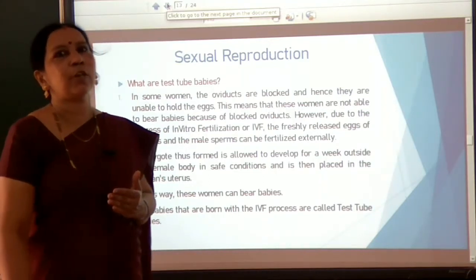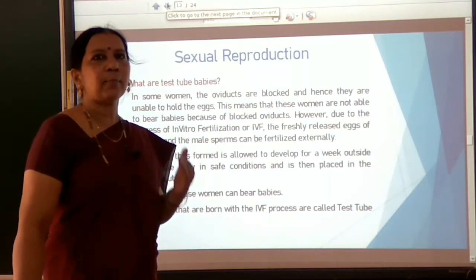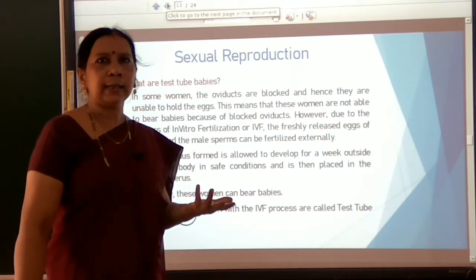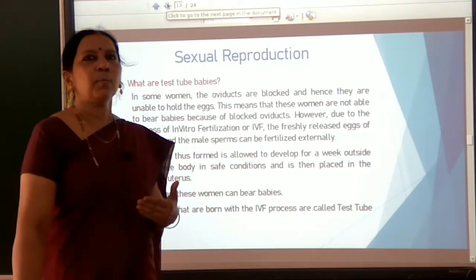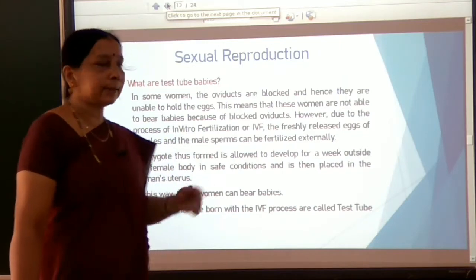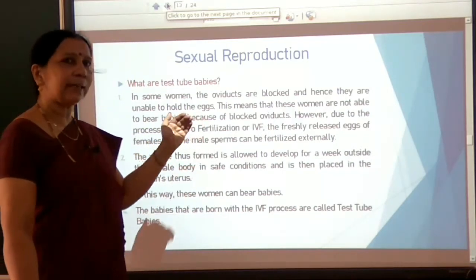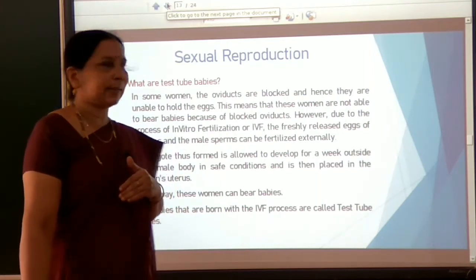There the further development takes place, and after 9 months the baby is born, like any other woman gives birth to a baby. The same procedure. Since the fertilization is carried out outside the body, it is in vitro fertilization.